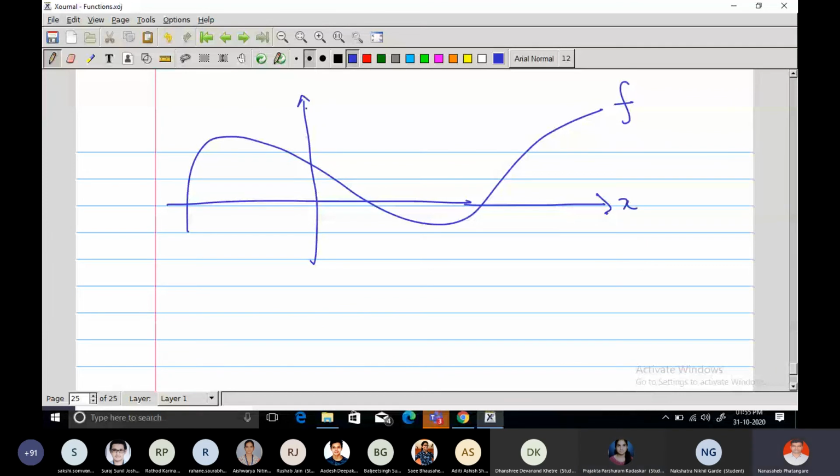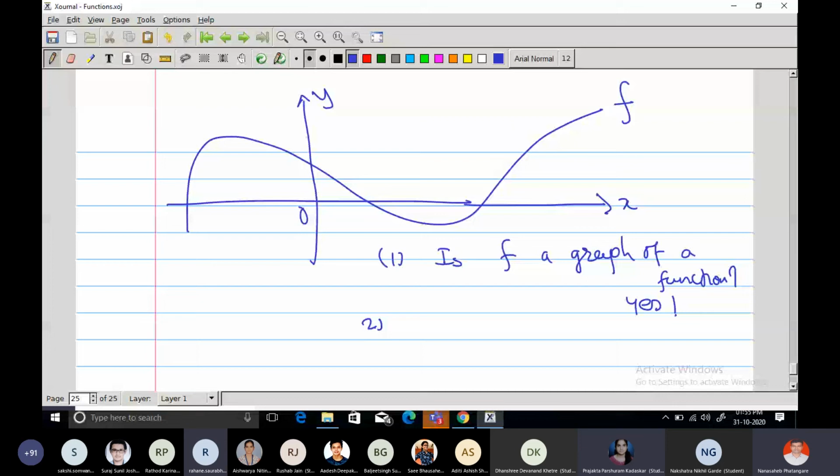Yes, no doubt, because by the vertical line test, every point corresponds to a unique point. Now, is it a graph of a one-one function? No.